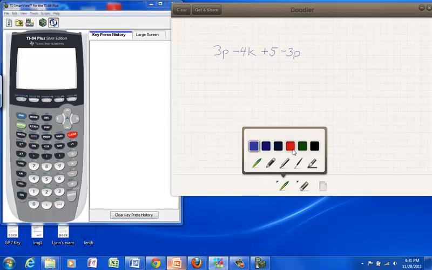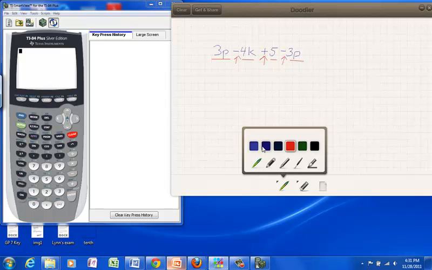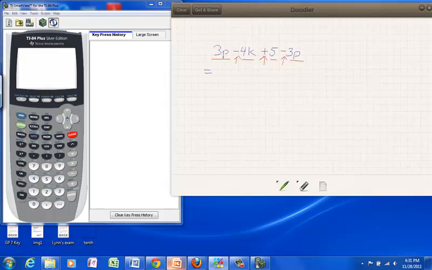And first we'll indicate the terms separated by subtraction and addition. And so 3p is a term, 4k is a term, 5 is a term, and 3p is a term. Now our first step has been to simplify the terms, but each one of these terms already is simplified.